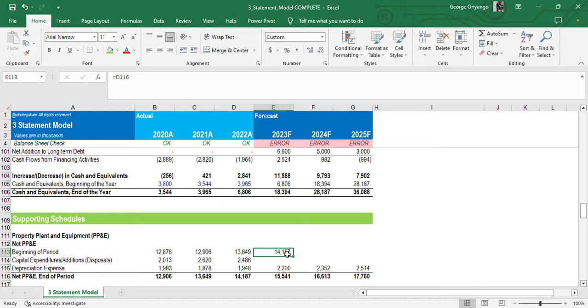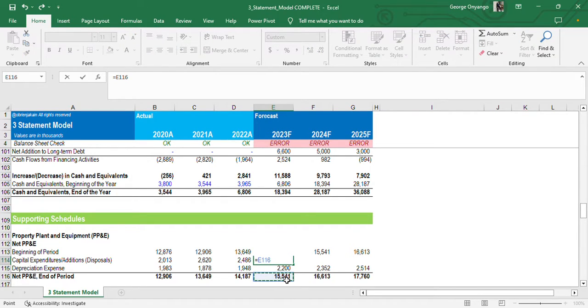Fill that right, and we get that value. So now to get the capital expenditure, we are simply going to get the net PPE at the end of the period, which is this. Then we subtract the one for the beginning of the period, which in this case is E113. Then we add the depreciation expense to get the capital expenditure.